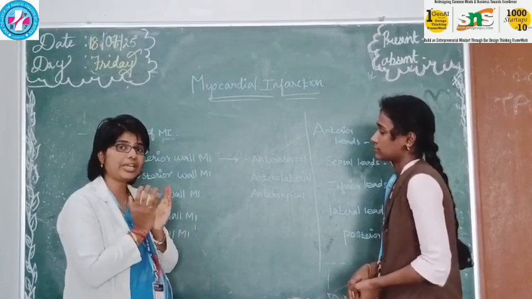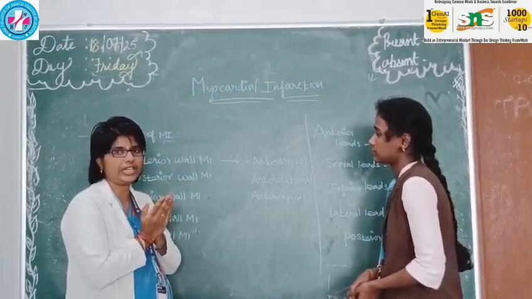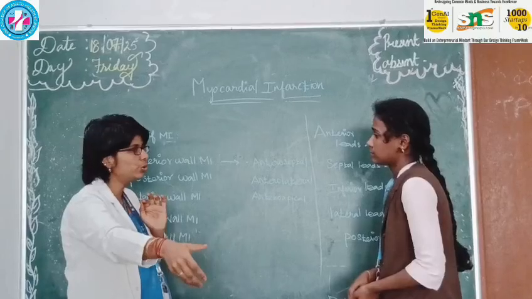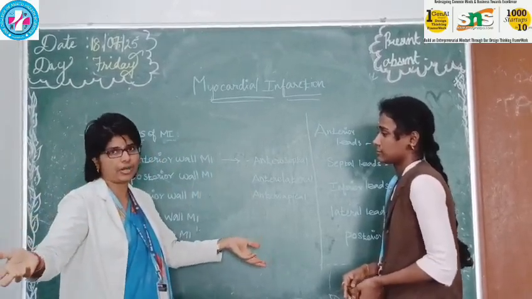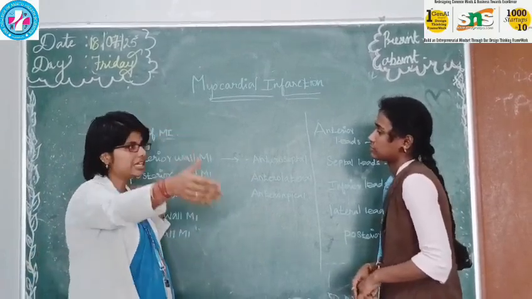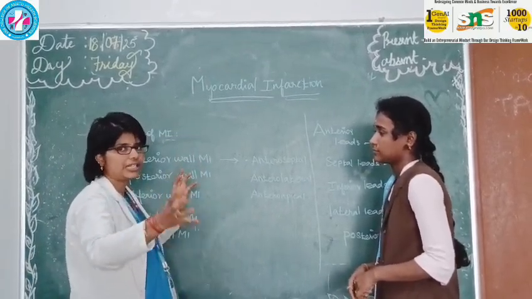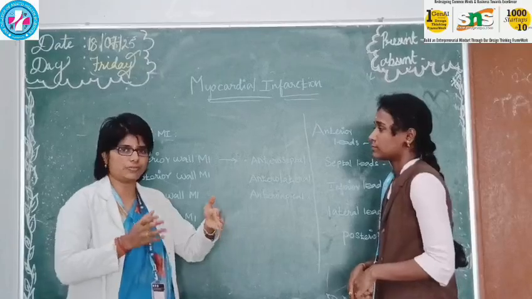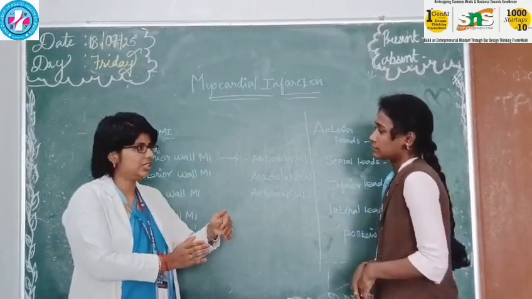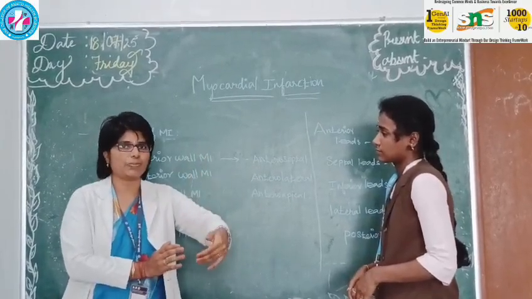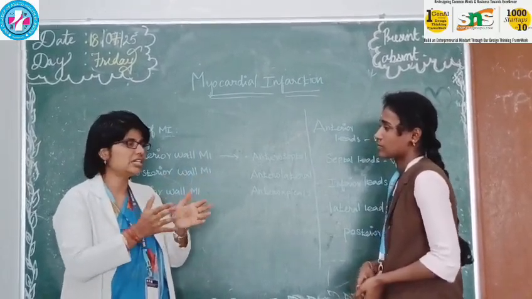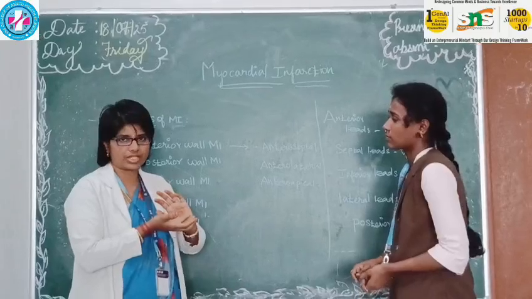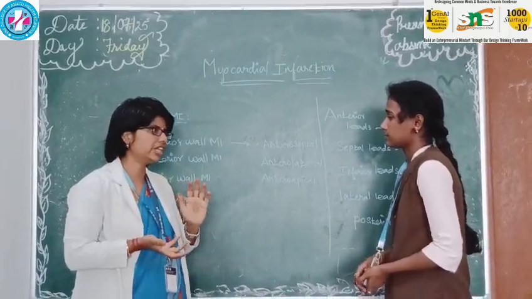In apical MI, the apical LV blood supply is given by the LAD, which has a large number of branches. If there is any occlusion in the LAD that affects the apical blood supply, the apical contraction will decrease and that area of cells undergoes necrosis.